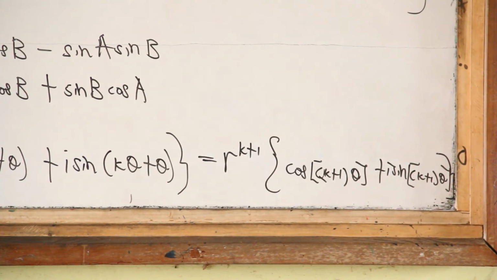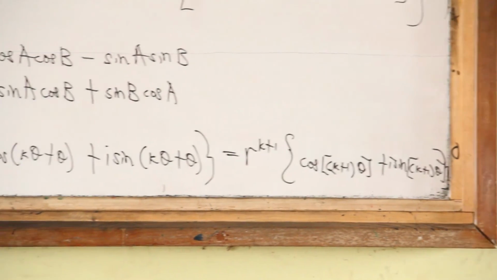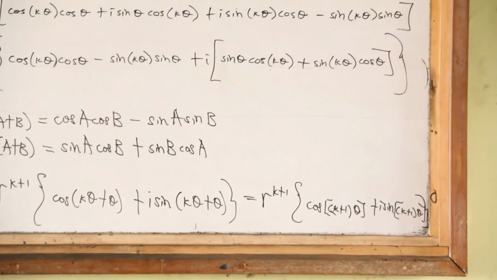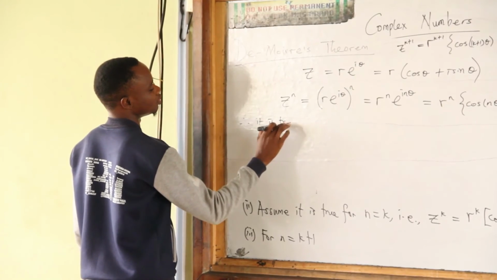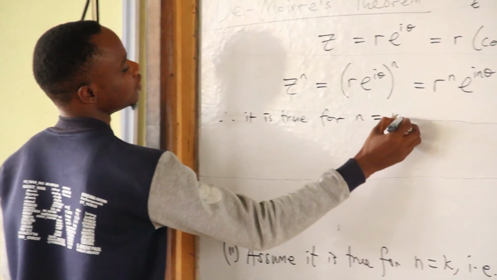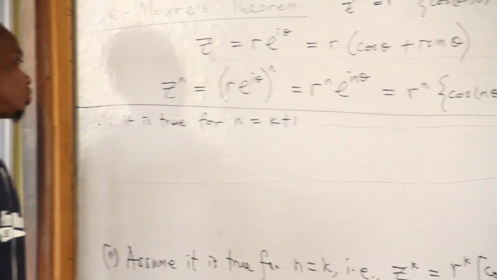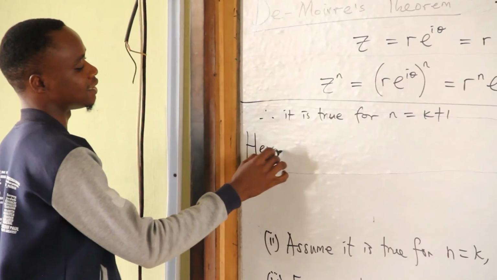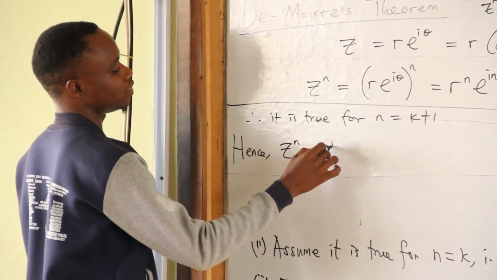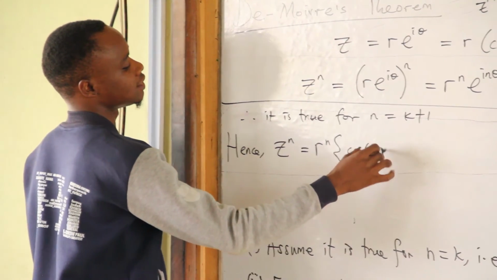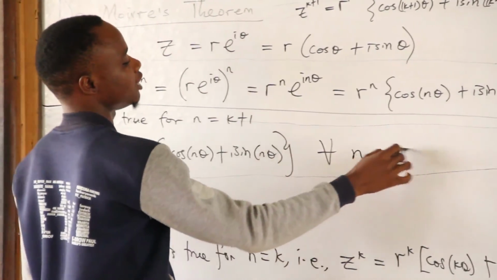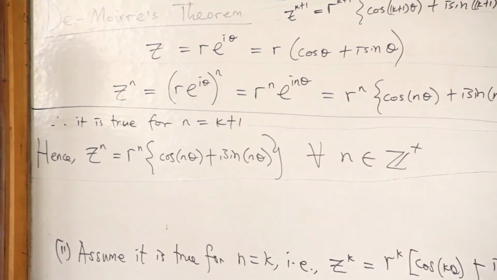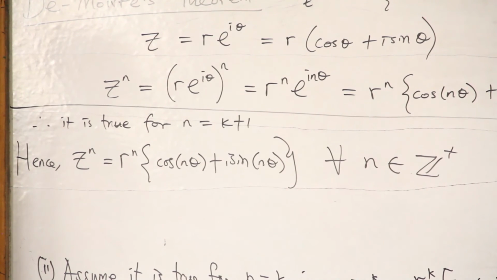So I will conclude that, hence z to the power n equals r raised to the power n into cos n theta plus i sine n theta for all n elements of the integers. Is it clear? So that's that about that.